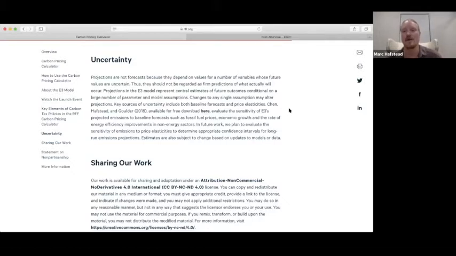And so as you utilize this carbon pricing calculator to talk about the Energy Innovation and Dividend Act or any of these other policies, just keep in mind that these are projections. You shouldn't take them as this is the answer. But I think what's really nice is that we're evaluating the same policies using the same model and using the same assumptions.